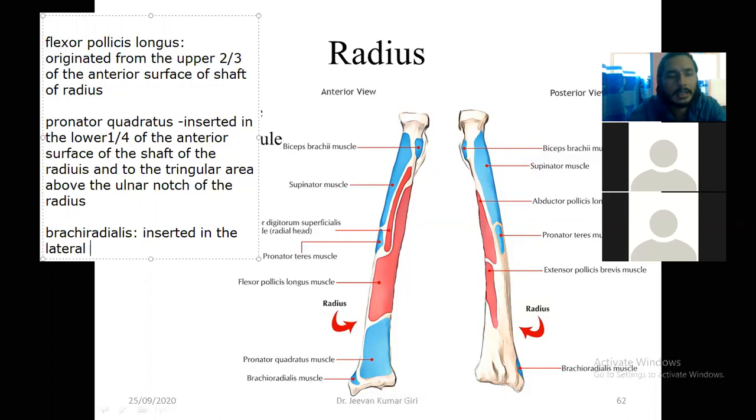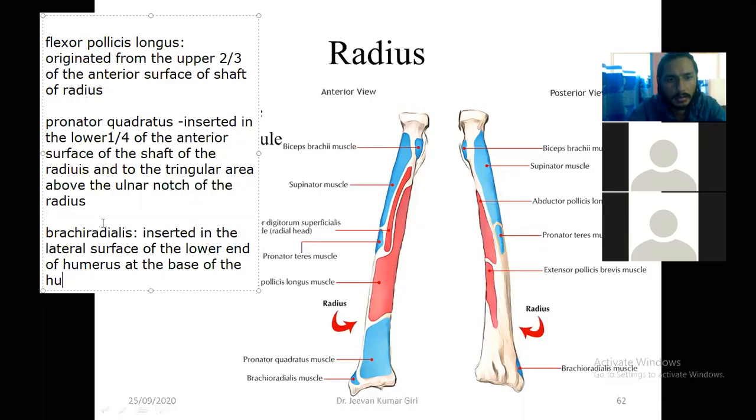So inserted in the lateral surface of the lower end, okay, at the level of base of the styloid process of radius.